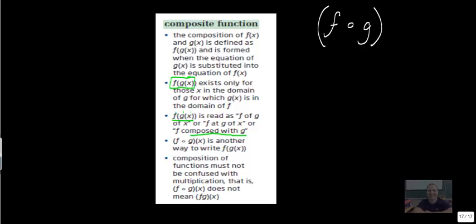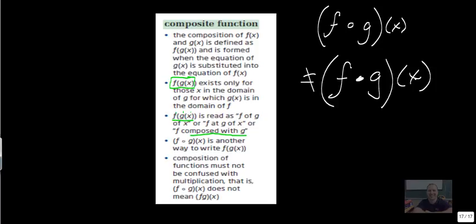I'm not sure if anybody does that anymore, but you might hear that. So this is a composition. It's very different, does not equal this. Remember, we did this the other day, f times g. Those are very, very different, not multiplying. It's one inside the other. And I think that's what it's saying down here. So it's not to be confused with multiplication.